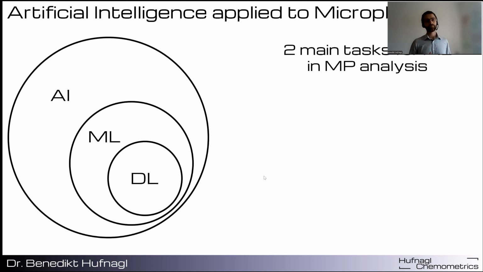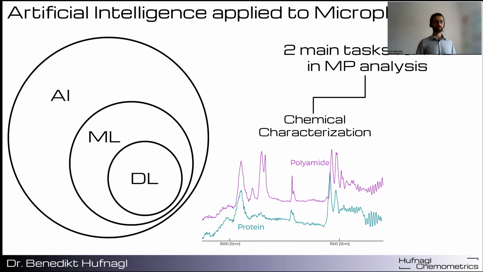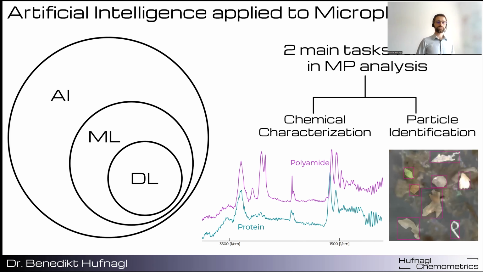In microplastics analysis, we have two key tasks, you might say. One is the chemical characterization. So if we're dealing with spectra and we want to identify plastics based on the spectra. And the other thing that we need to deal with is particle identification. This is often done using microscopy data. But in today's presentation, we will do the particle identification based on the chemical spectra, as you will see later.